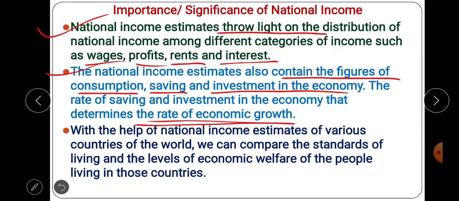Then next importance, with the help of national income estimates of various countries of the world, we can compare the standard of living and the levels of economic welfare of the people living in those countries. That is why we have to calculate or estimate the national income for the different economies or different countries.